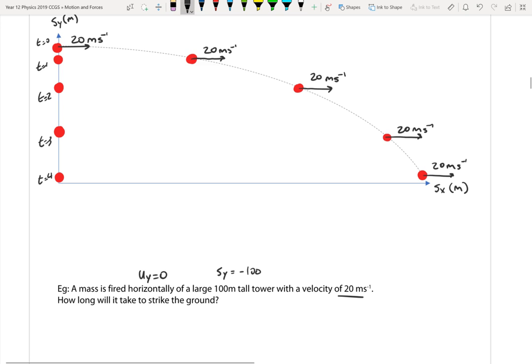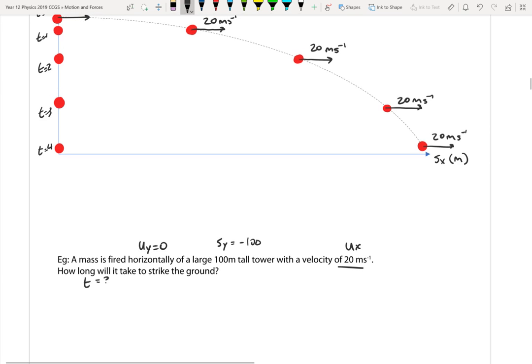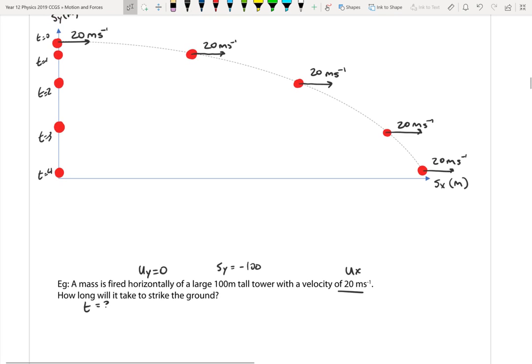Negative 100, and that was ux. Okay? And so the question is t equals question mark. Well, again, t1, t2, t3 and t4. We know that the y vector is increasing by 9.8 every second. It gets longer by that amount.